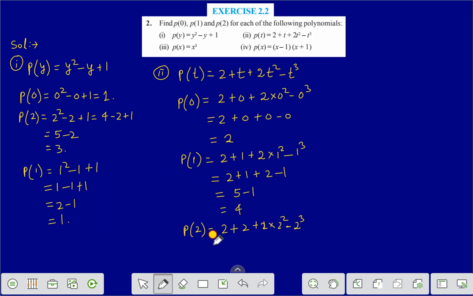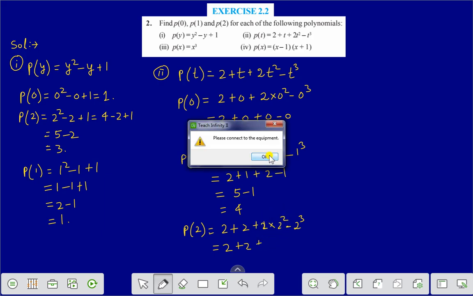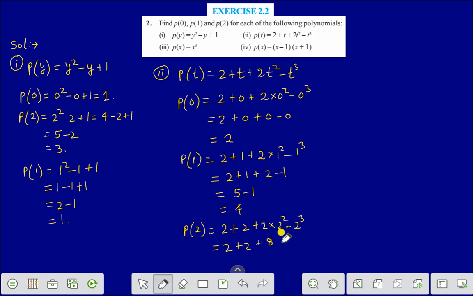Then we are getting 2 plus 2 plus 2 into 4 is 8, 8 minus 8. This will cancel, and we are getting 2 plus 2 is 4. To get the value of P2 as 4 is the answer. Right? That means P1 is 4 and P2 is also 4.